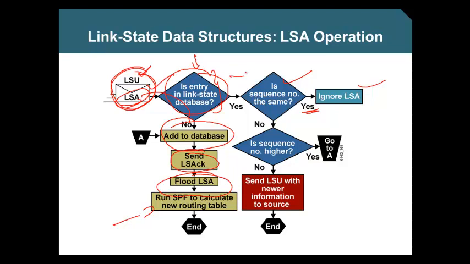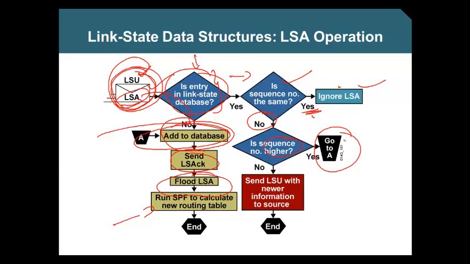Here we saw if the database is already there with some info, I'll check the sequence number. If the sequence number is the same, I ignore. If the sequence number is not the same, I'll check whether it is bigger or lower. If the incoming sequence number is bigger, which means I need to update, I go and add it to my database.